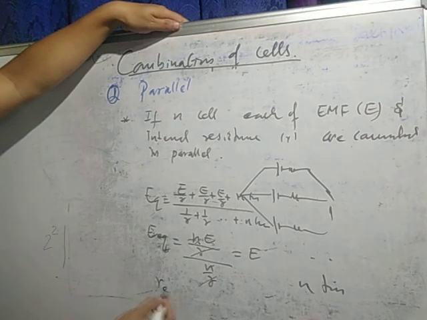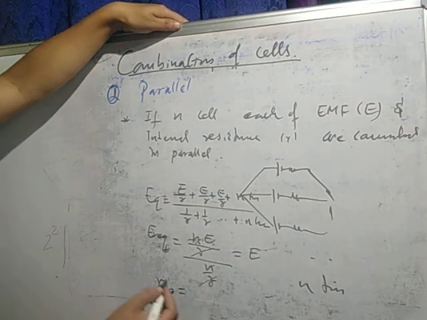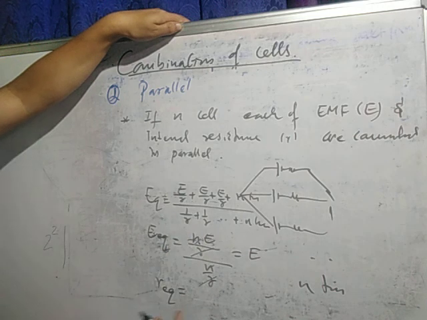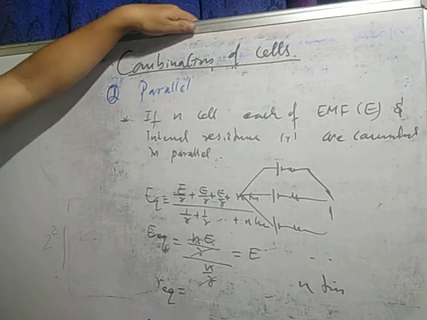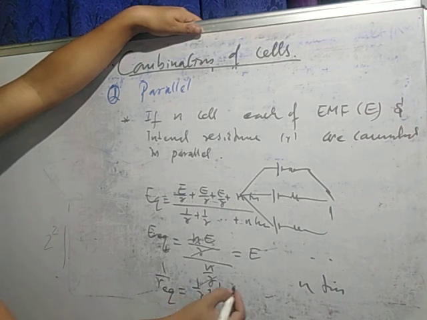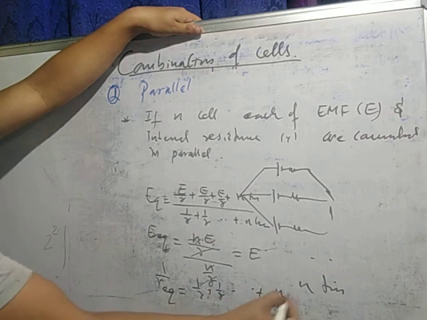So next, find R. So R equivalent equals to how much? It goes on n times, isn't it? So R equivalent equals to 1 by R plus 1 by R, goes on up to n times.